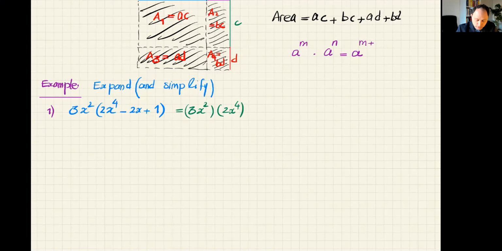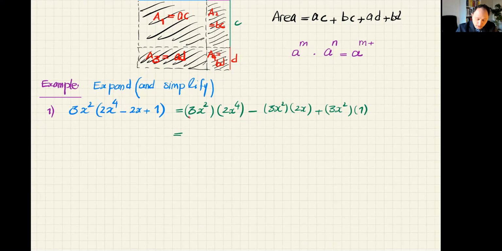Then you see there is a minus and a positive, so the overall sign is negative. Then I will have 3x squared times 2x, and the other one is 3x squared times 1. This middle one, I want you not to write. I want you to do it in your head. So then what happens?